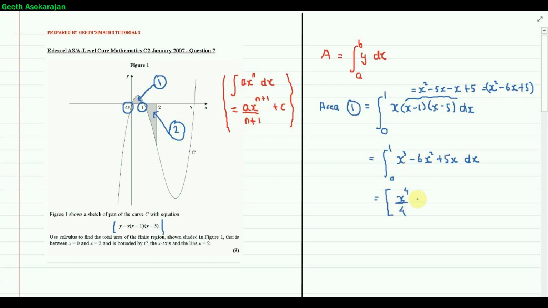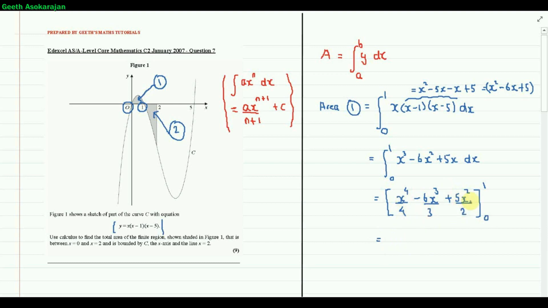When I integrate minus 6x squared, add 1 to the power, 2 plus 1 is 3, divide by the resulting power 3. When I integrate 5x, add 1 to the power, 1 plus 1 is 2, divided by the resulting power 2. Let's write these limits 1 and 0 on the right hand side.